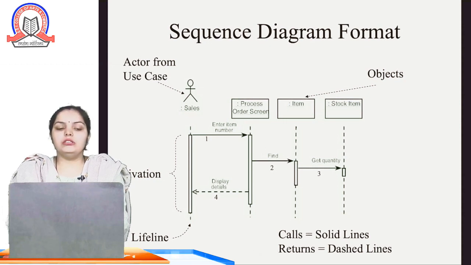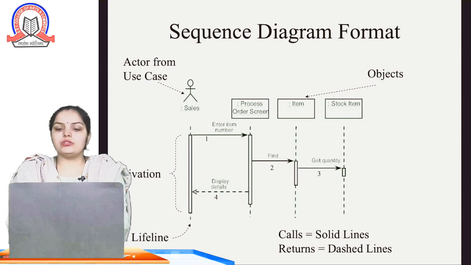So here you can see one of the formats of a sequence diagram. On the left hand side there is an actor which we are using from the use case, and we have different types of objects. 3 objects are there in this diagram, and after that you can see the activation.